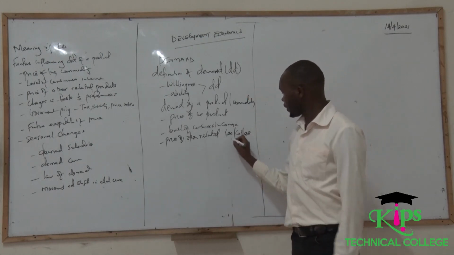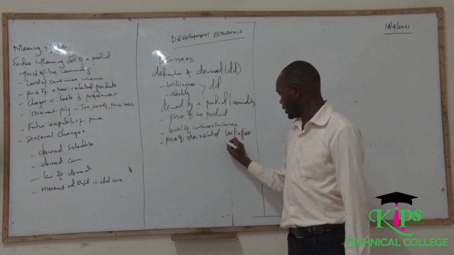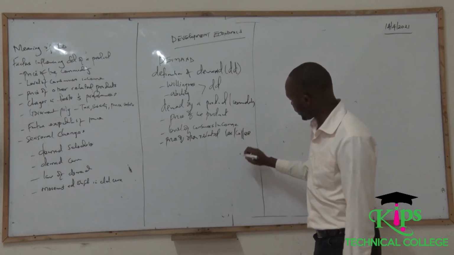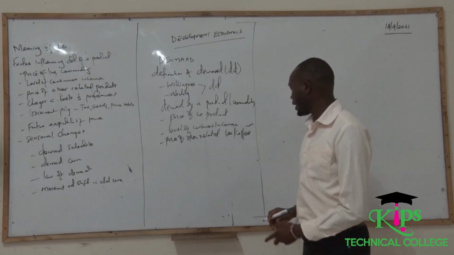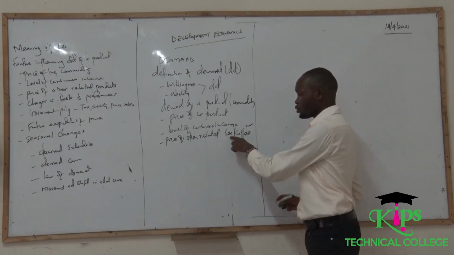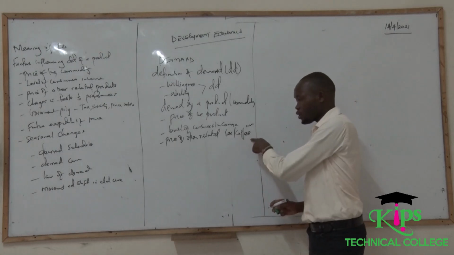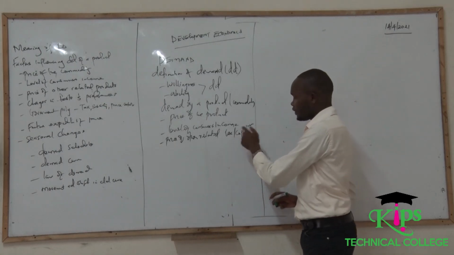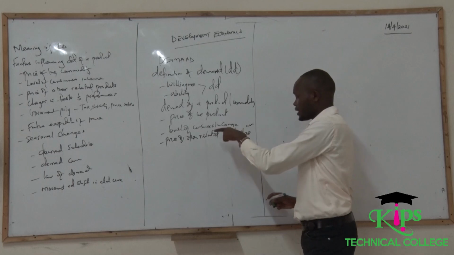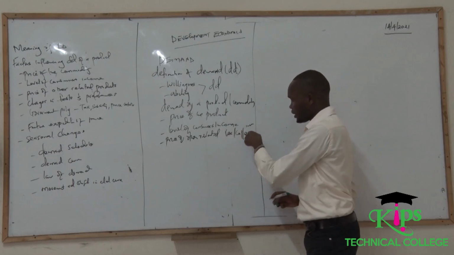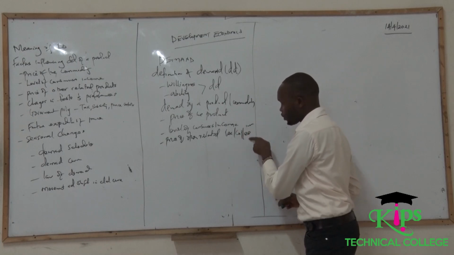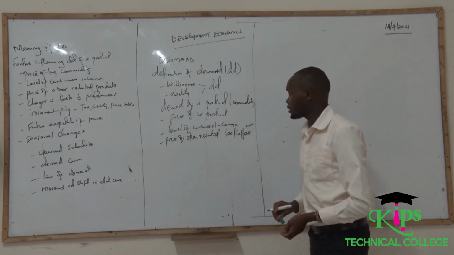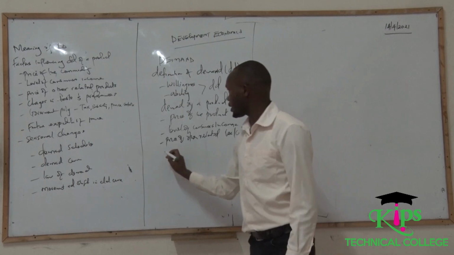If the price of tea remains constant and the price of coffee increases, people will tend to consume more tea as compared to coffee, and vice versa. If the price of tea increases and the coffee price remains constant, more people will consume coffee.